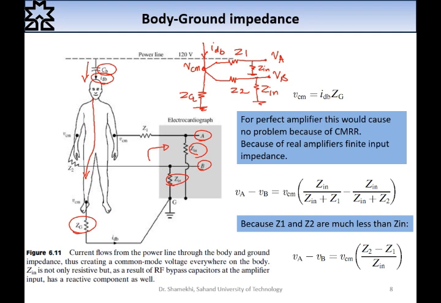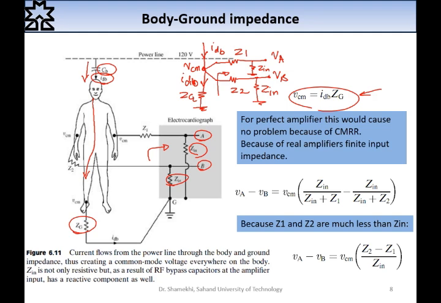Okay, first of all, we should calculate the voltage VCM, common mode voltage, on the body. And as you can see, because of the high impedance Zin, we don't have any current flow through Z1 and Z2, and all the IDB will flow through Zg, and common mode voltage can be calculated by this simple IDB multiplied by Zg.